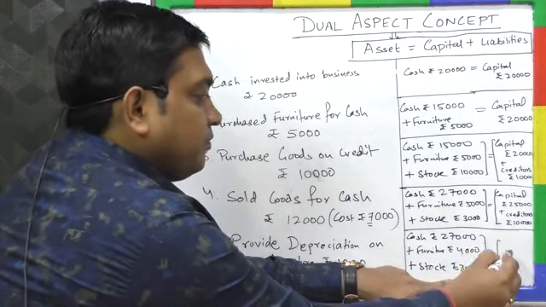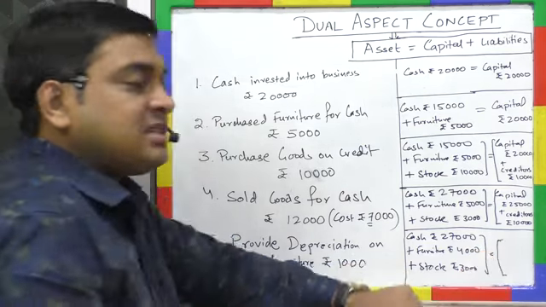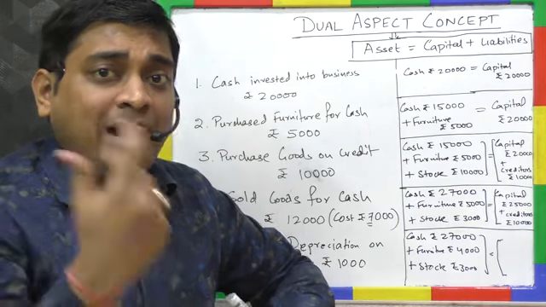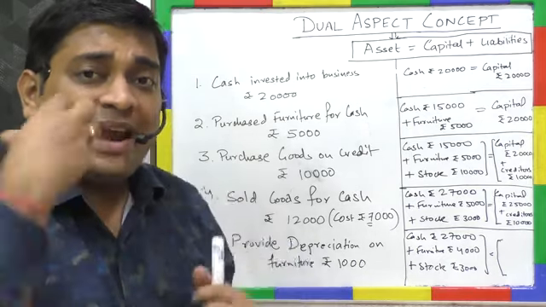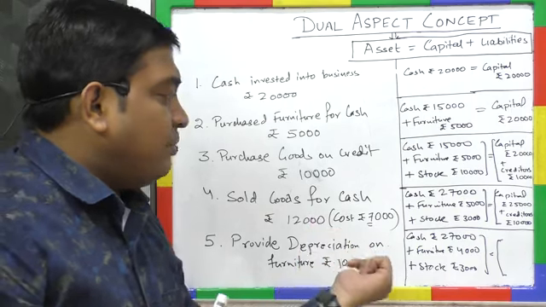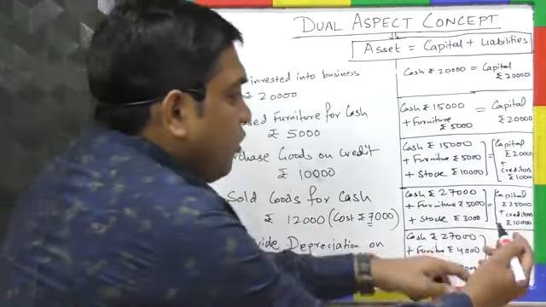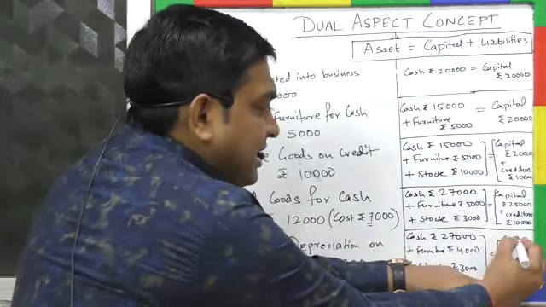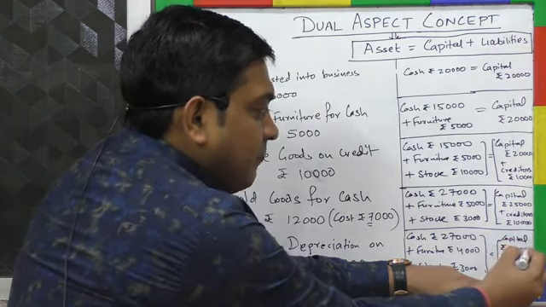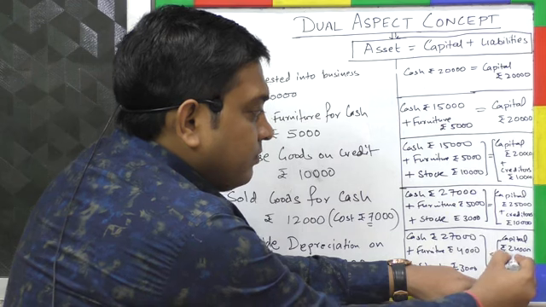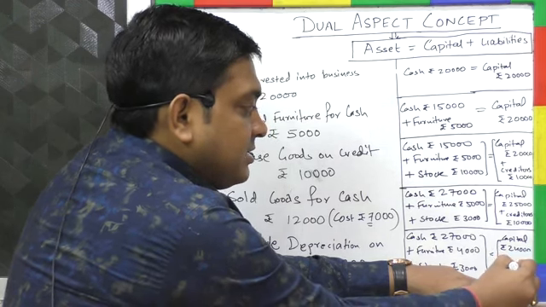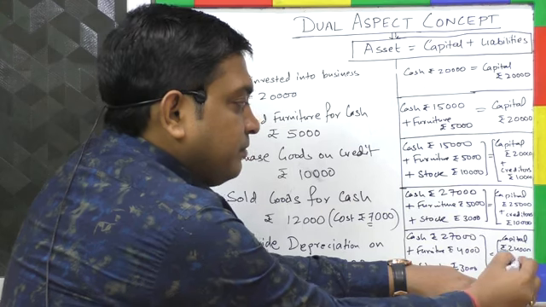Now depreciation means it's an expense. When there is profit, the owner is eligible for profits. So for any expenses and loss, the owner has to bear that. So this 1,000 depreciation will be borne by the owner. So I will decrease the capital balance. The new capital balance will be 24, plus creditor is still the same.